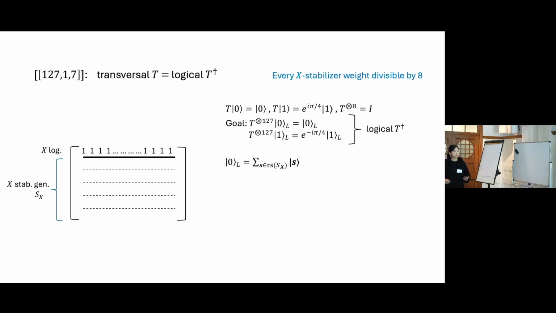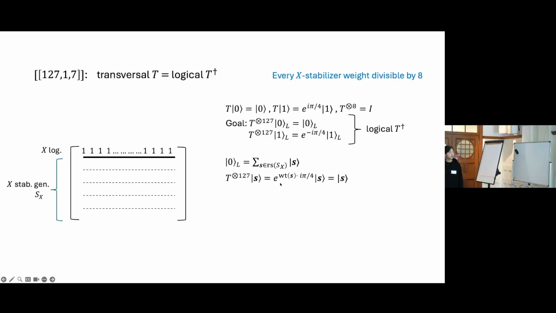The Z stabilizers are doing nothing, so you are left with X stabilizers only. So the zero logical state is the uniform superposition of all the X-type strings. And if you act the transversal T on each of these stabilizer strings, it effectively gives you a phase which is proportional to the weight of this string.